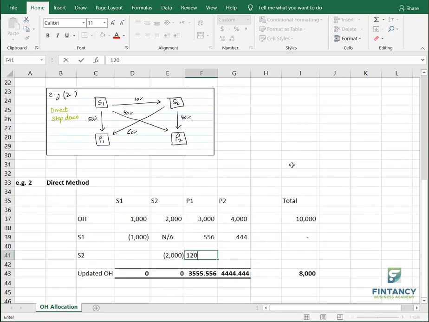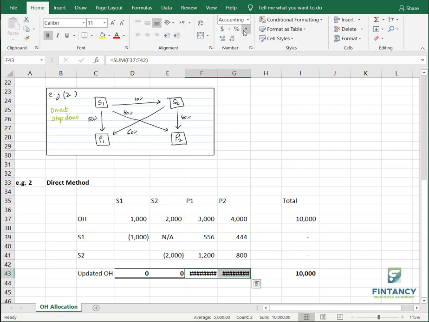Okay, right, everyone? So this is the answer, my friends, and see, before allocation and after allocation, it is still 10,000. It means everything is okay.